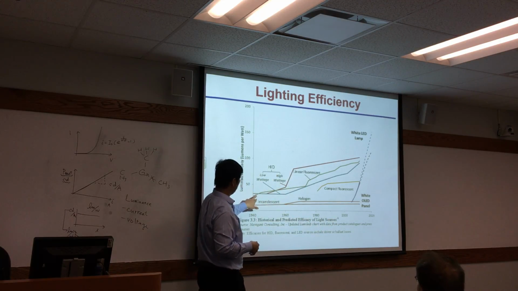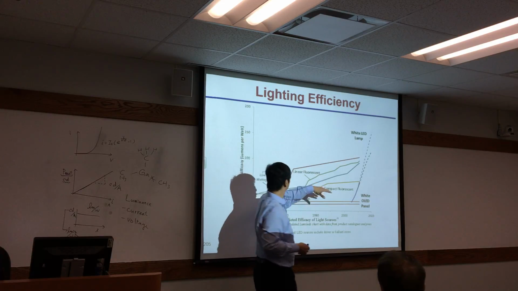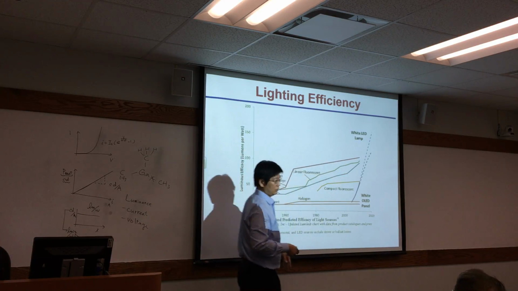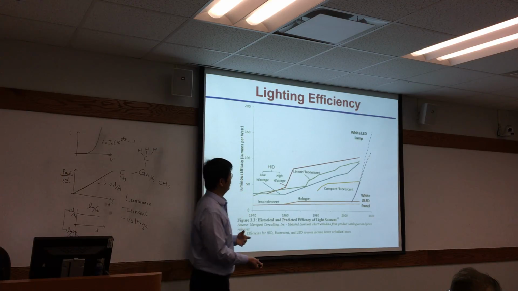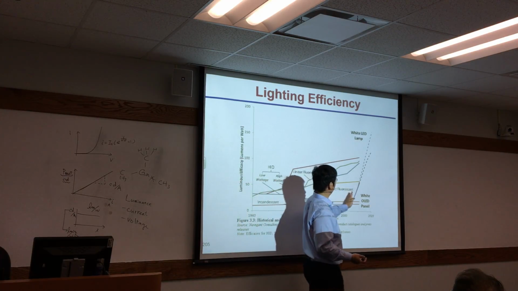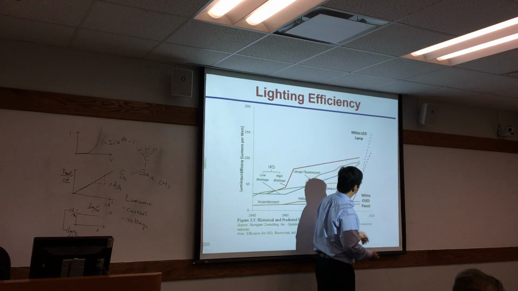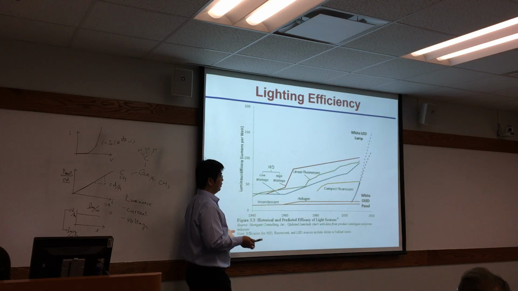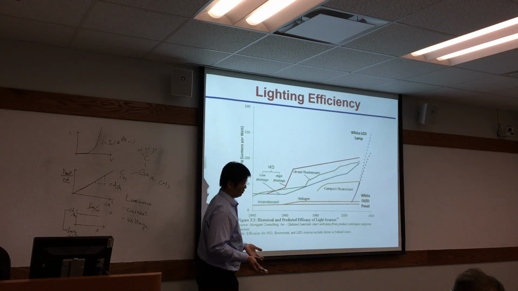So for the fluorescence, here is the fluorescence lamp. They can achieve about 100. So in recent days, we have the white LED or OLED, with much higher efficiency. And of course, there are lots of other advantages for the LED.